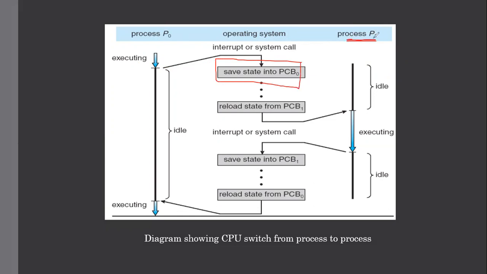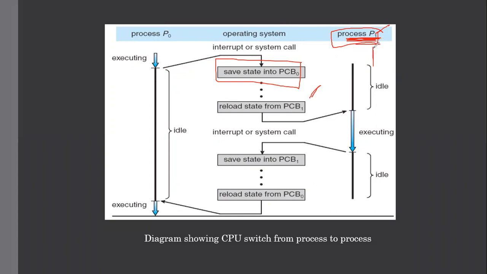And then, since you want to execute process P1, you first need to load the state from PCB1 so that you can get all the necessary information related to that process. Obviously, if the CPU wants to execute P1, it should first know about the state, and from what instruction the CPU has to execute process P1.